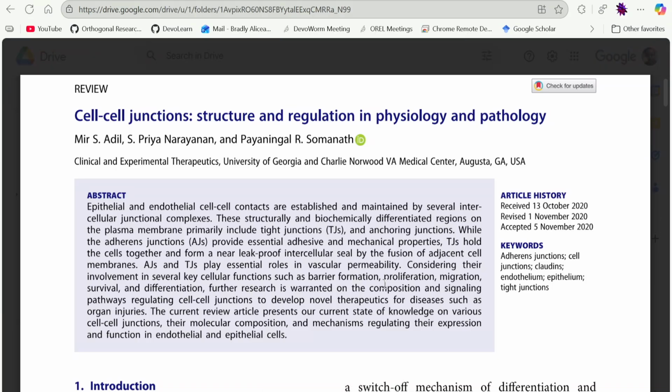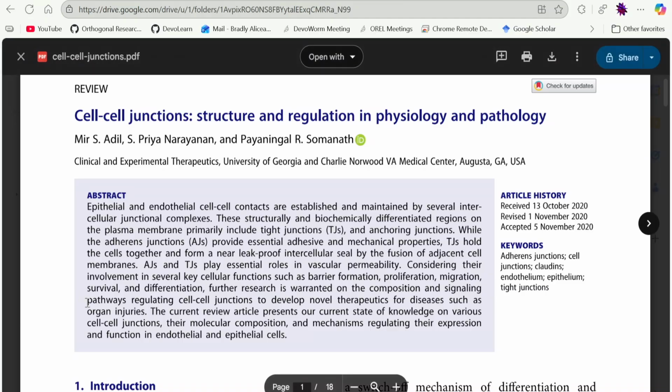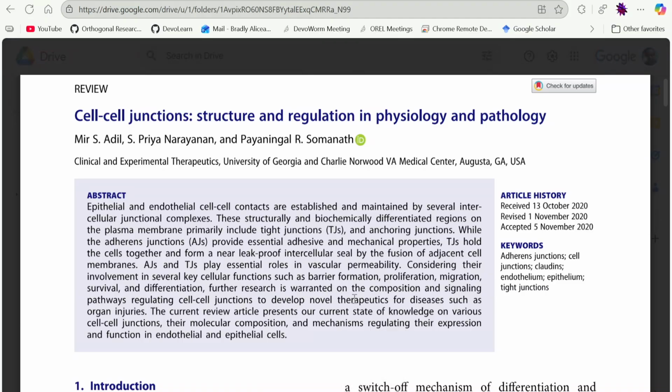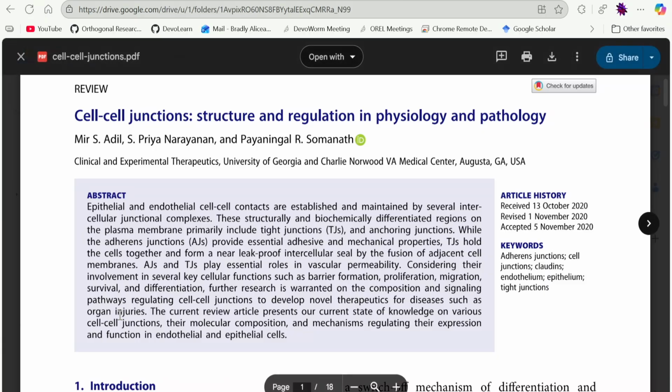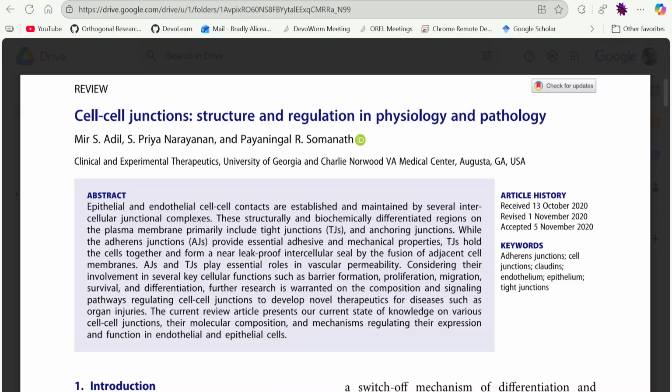Further research is warranted on the composition and signaling pathways regulating cell-cell junctions to develop novel therapeutics for diseases. The current review article presents our current state of knowledge on various cell-cell junctions, their molecular composition, and mechanisms regulating their expression and function in endothelial and epithelial cells.